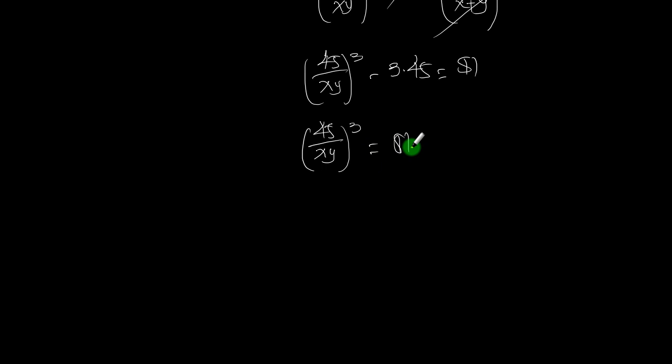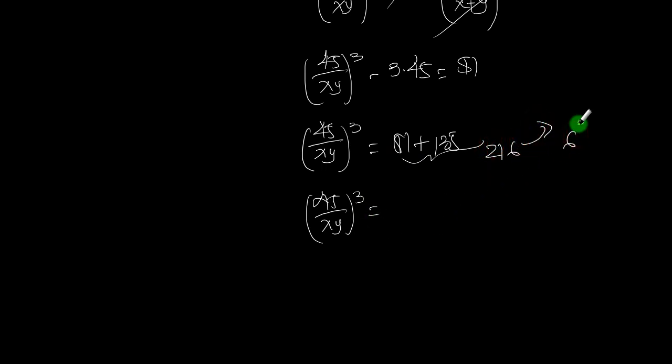Multiplying this, we're going to have 135, which will come to the right side positive, and then we have 45 divided by xy to the power of 3 equal to 216, and 216 is 6 to the power of 3.